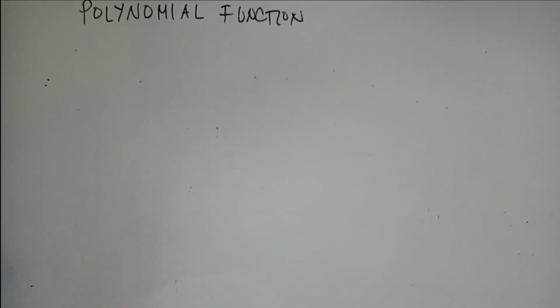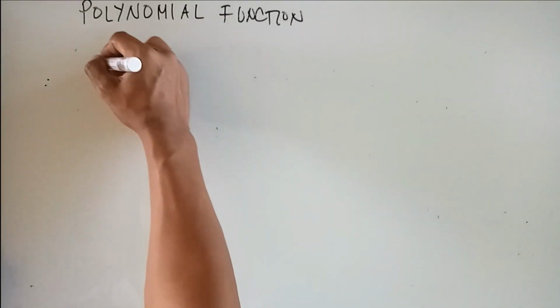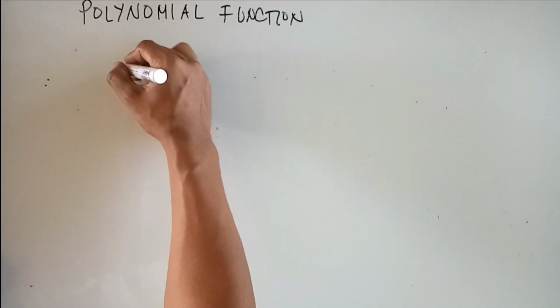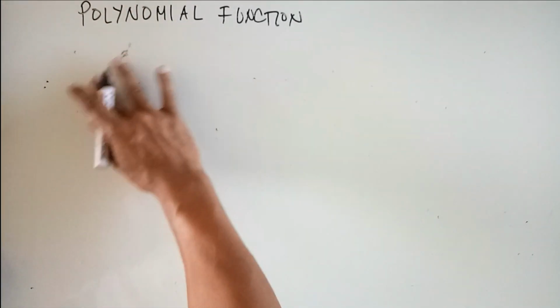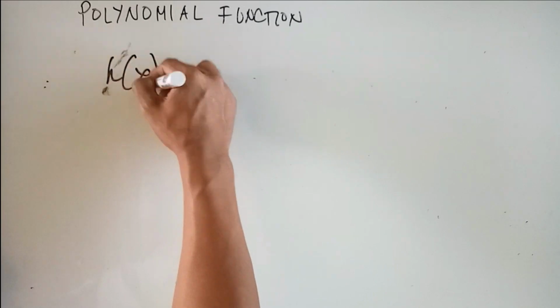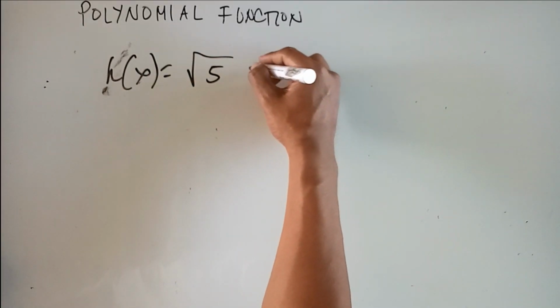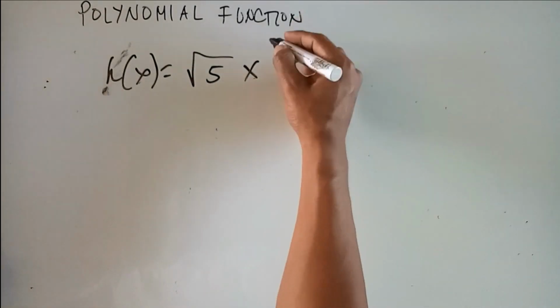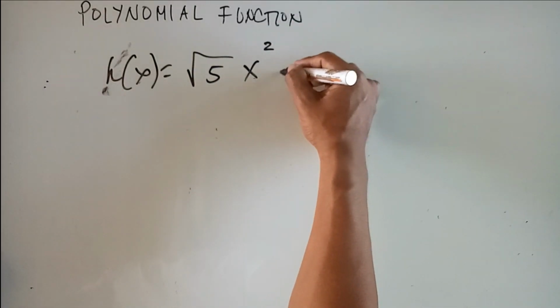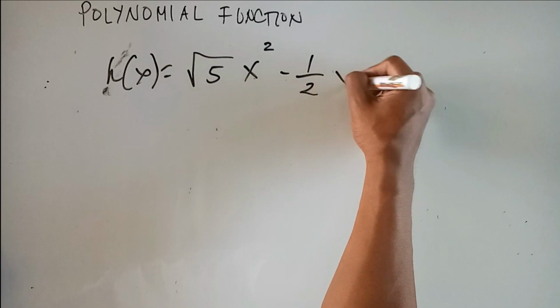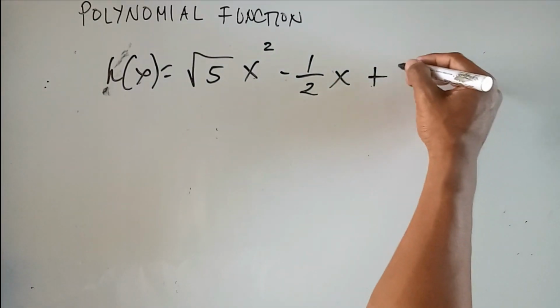Take note of it. For the last example, so that we can proceed to how to find the roots or values of x of polynomial functions. If you have, let's use another variable, h of x is equal to square root of 5 times x squared, minus 1/2 x, plus 4.